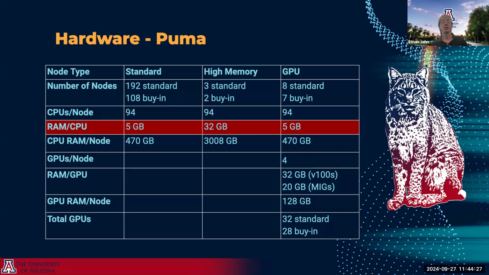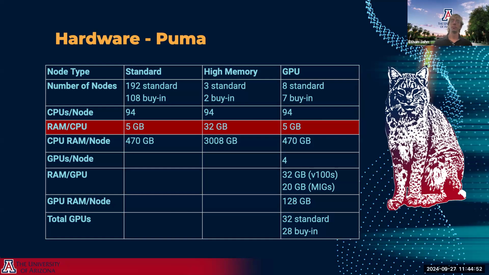They're not sliding scales. Your total memory is going to be equal to the number of CPUs you get assigned times the memory per CPU. So if I am running a job on Puma and I'm using 10 CPUs on a standard node, I'm going to have 50 gigabytes of memory or RAM, right? And that's again, not a sliding scale.